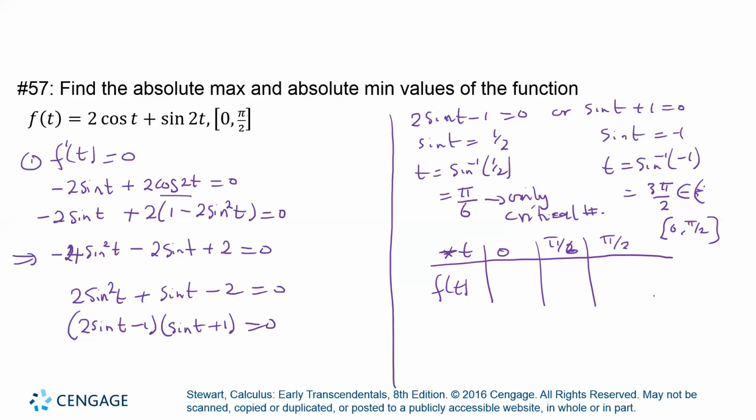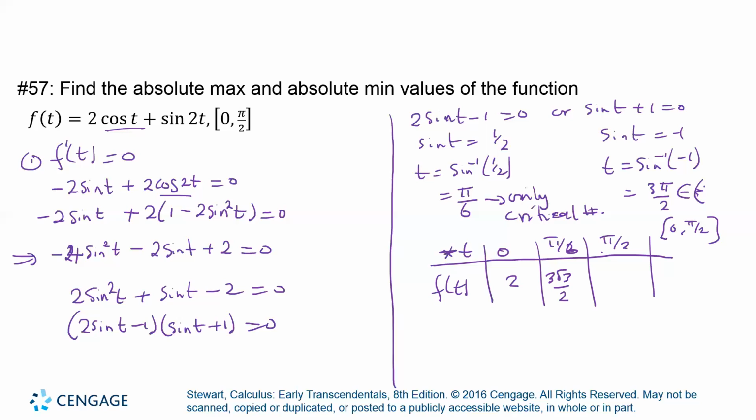If you substitute 0 into the original function here, that is 2 plus 0, which will be 2. Then if it's pi by 6 evaluated, you get 3 root 3 over 2.